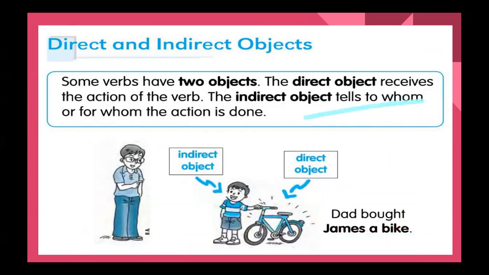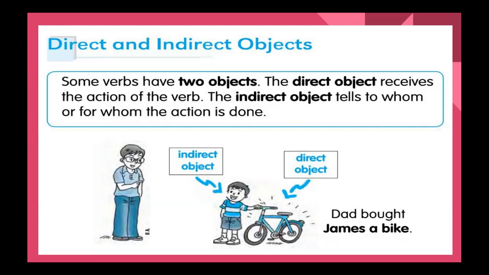Let's look at this sentence now. Dad bought James a bike. Here, a bike is the direct object, and James is the indirect object.